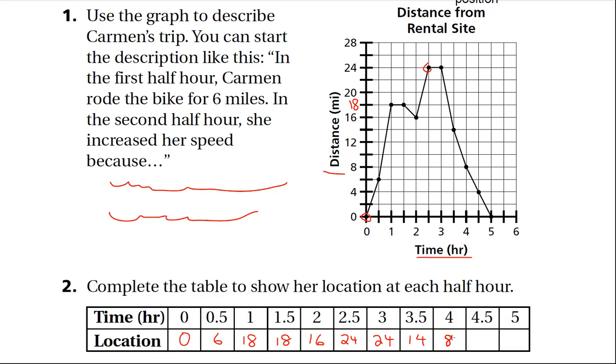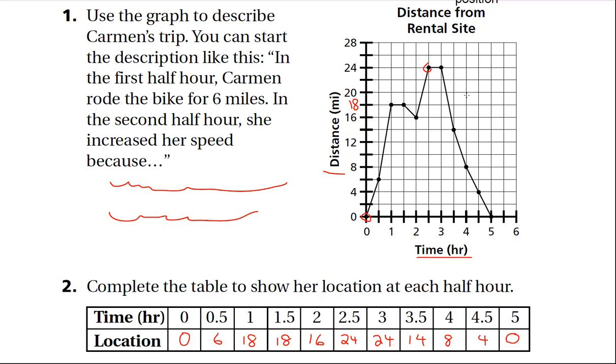And you can see the numbers getting smaller because she's returning to her original start. At 4.5 hours, she's at 4 miles away, and then at 5 hours she has returned to her location.